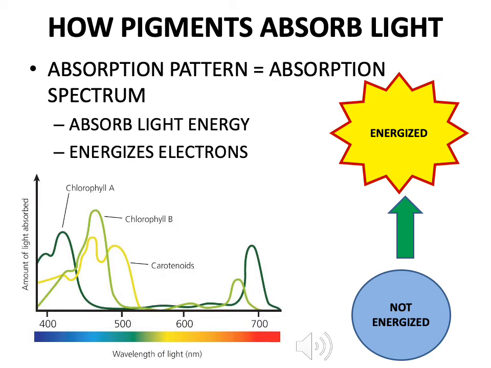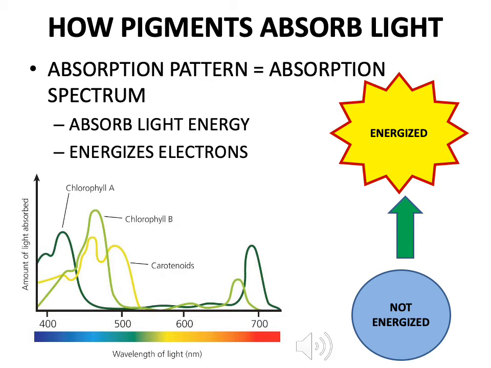So on that same graph, I've got a line labeled chlorophyll A, it's dark green. I've got a line labeled chlorophyll B, it's light green. I've got a line labeled carotenoids, it's yellow. And I notice that chlorophyll A absorbs fairly well in the violet range. And as I start moving from violet to blue, I see a little peak, which means the chlorophyll A is absorbing its best at that point.